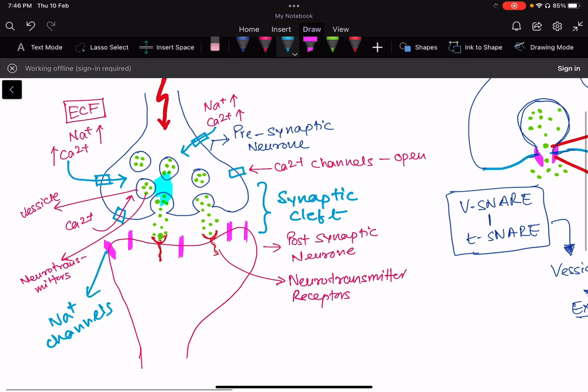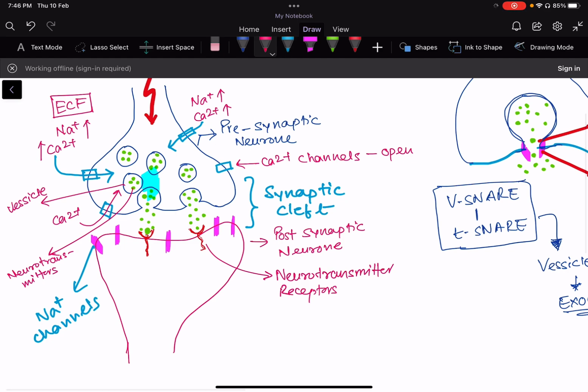Now, as I have already mentioned, in the extracellular fluid both calcium and sodium are in higher concentration. Now this sodium will enter through this channel.